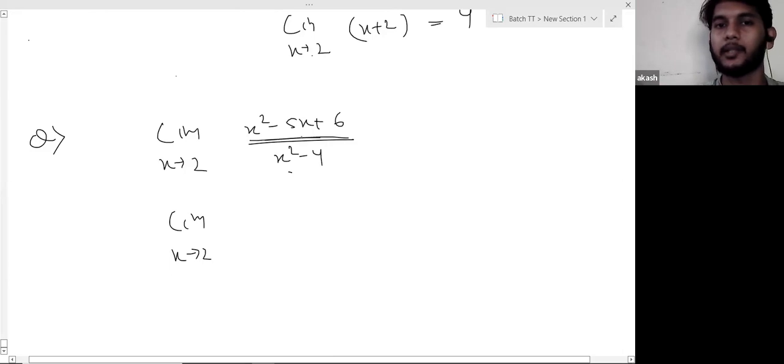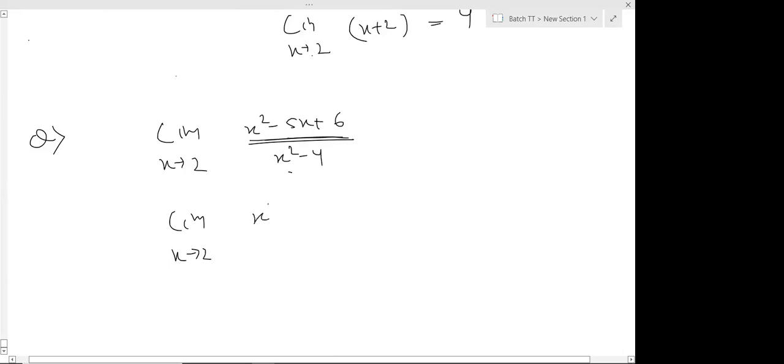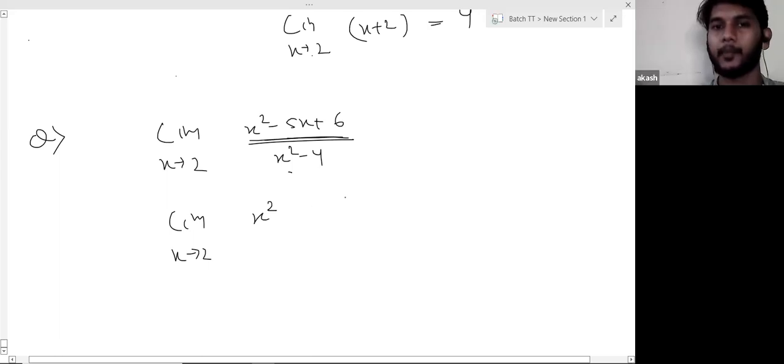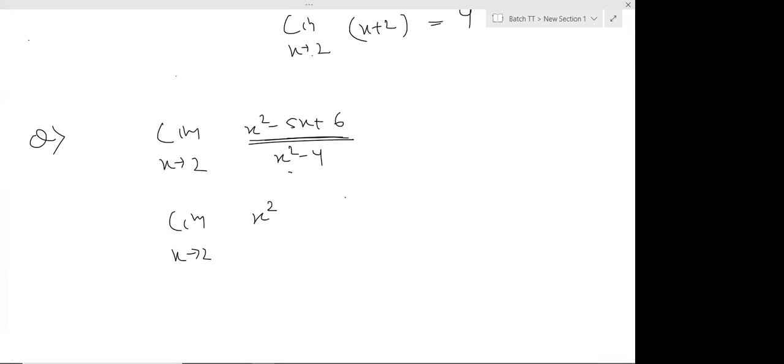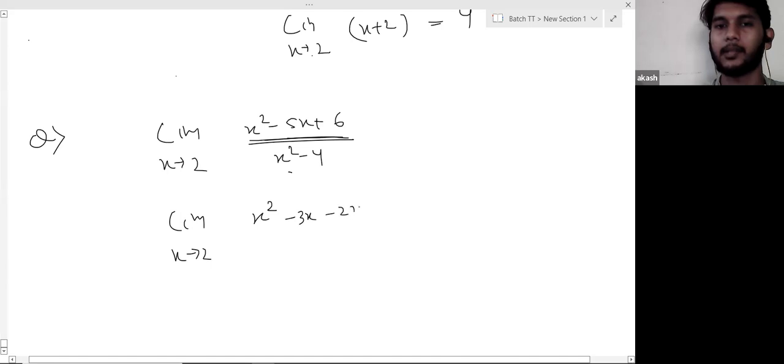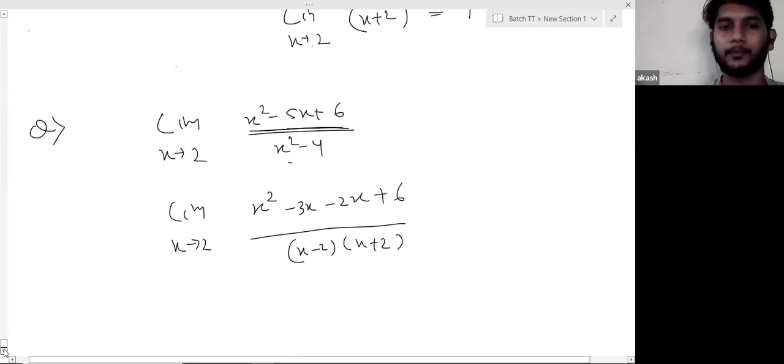So how to factorize the numerator? Middle term splitting. I hope you guys know that. Sahel, Kinza. Yes, sir. So we can write this as minus 3x minus 2x plus 6. And in the denominator, this is x minus 2, x plus 2. Yes or no? Yes, sir.